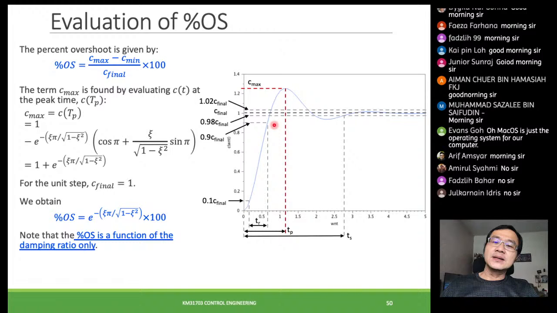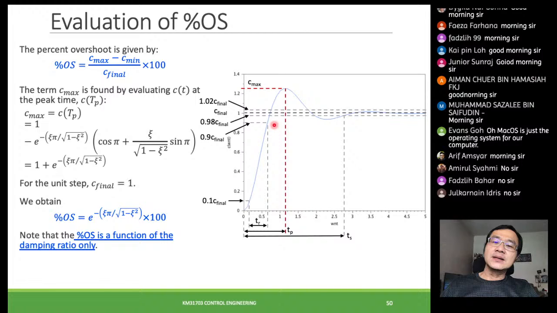Here, since it starts from 0, your minimum value will be here. And divide by your final value. So you will get your overshoot percentage.